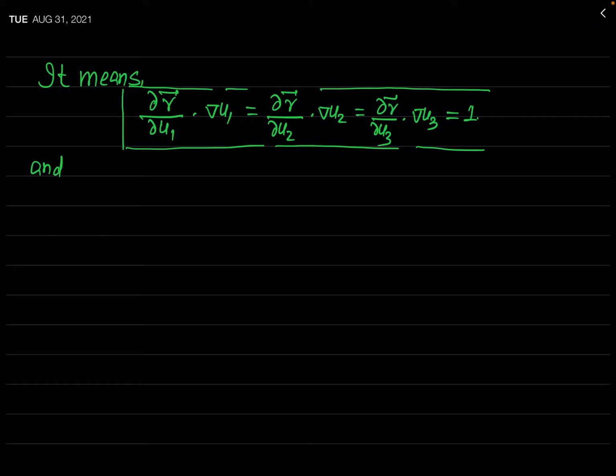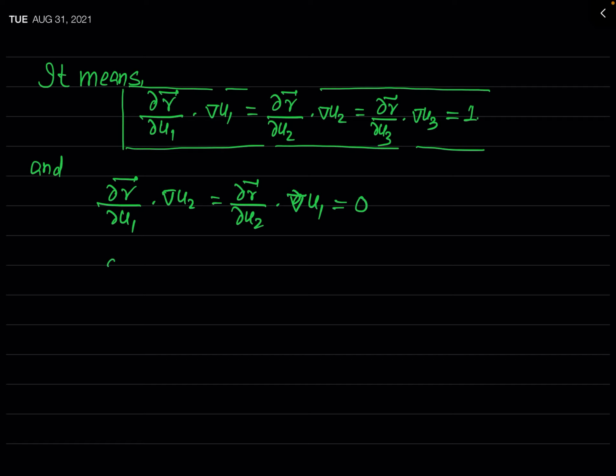You can see here that del r by del u1 dot del u2 and del r by del u2 dot del u1 will be equal to 0.